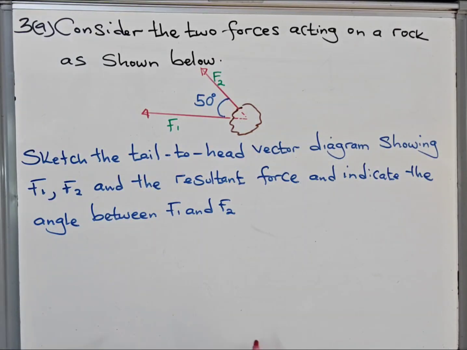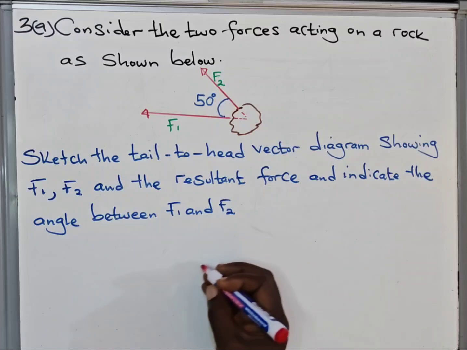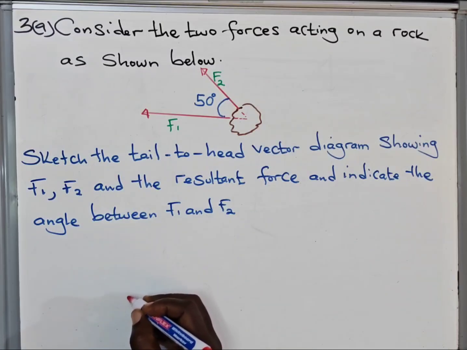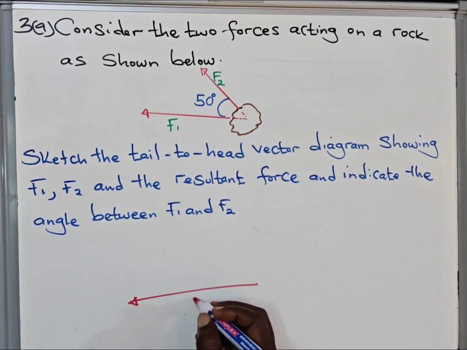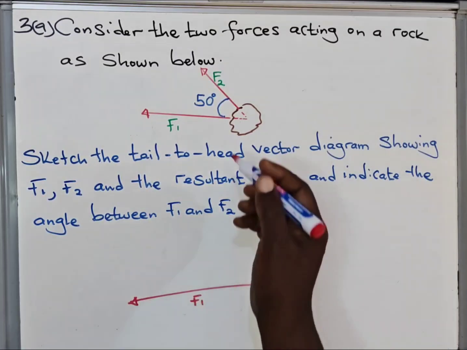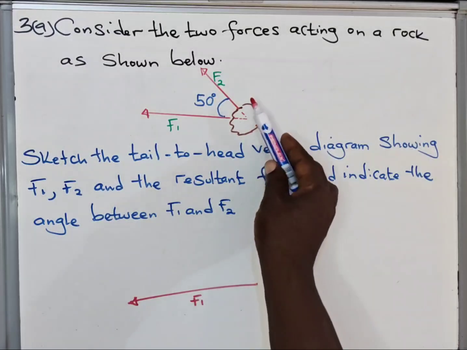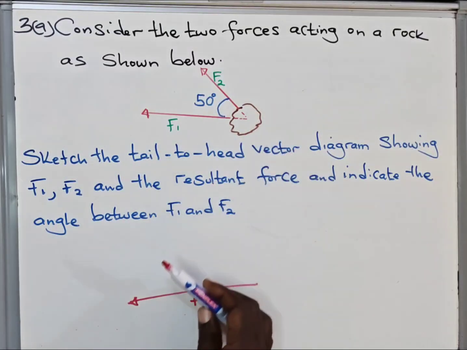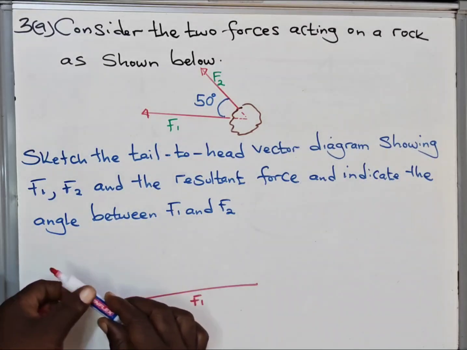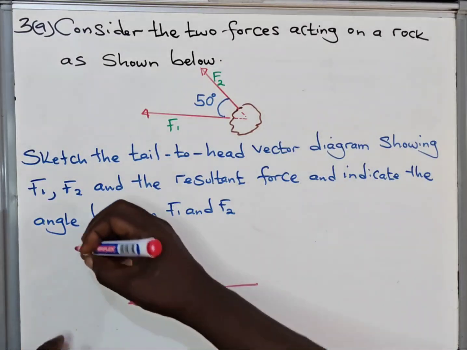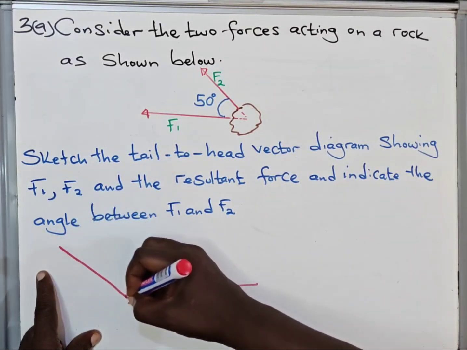And how do you go about this? If you have this one as our F1, then our F2, its tail must be in contact with this head. So what do we do? We bring it here and we draw it like this.